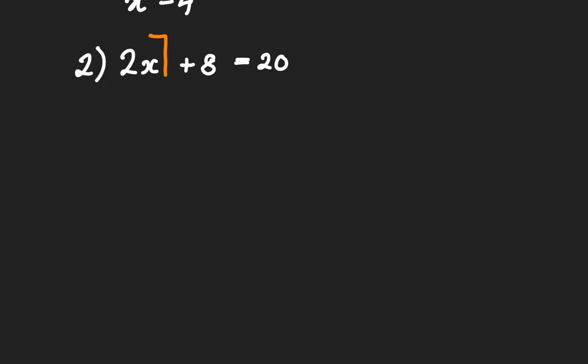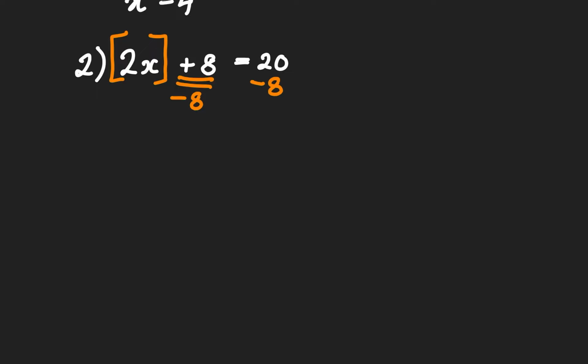So isolate the variable that has a coefficient, the variable x. And to remove this value, we have to simply minus 8 to remain with 0 on the left hand side. And if you're subtracting 8 from here, you make sure you also subtract 8 from here as well.